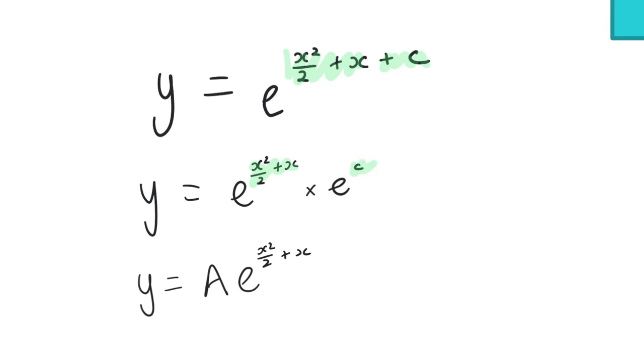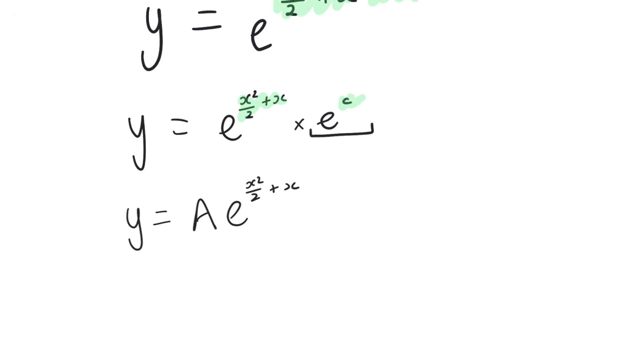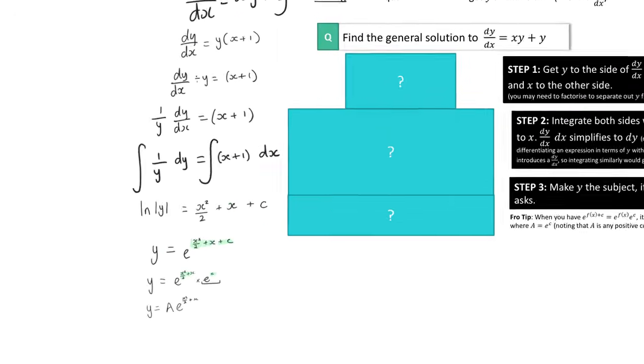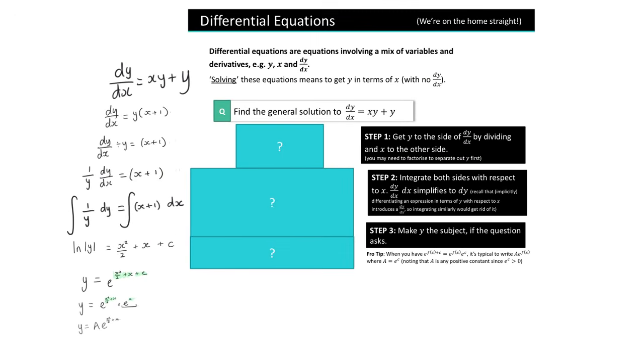However, remember, e to the power of c is our constant. Because e to the power of c is technically a number, it doesn't involve the x. Instead of writing e to the power of c, the constant of integration is now called A. That's the default. So there we have it.